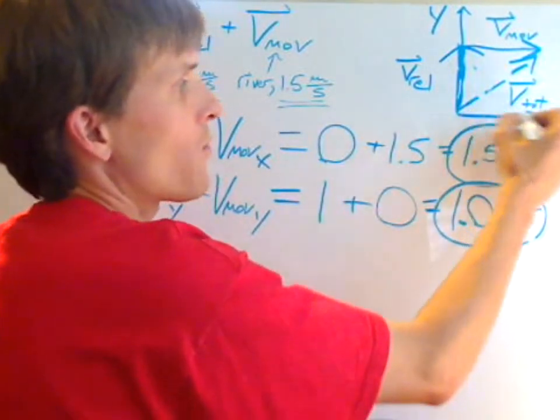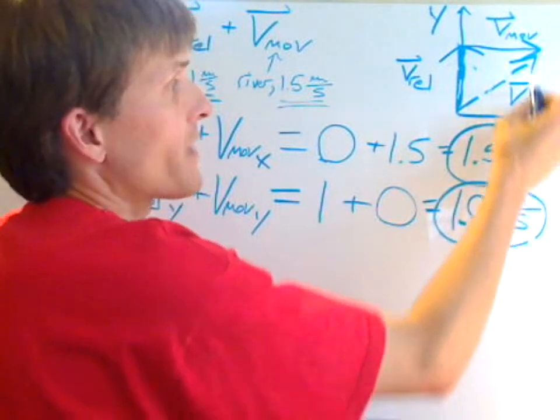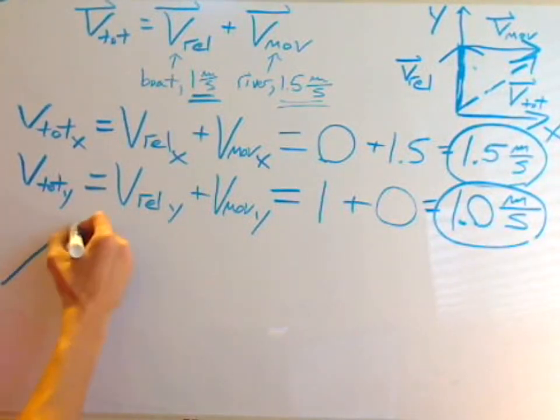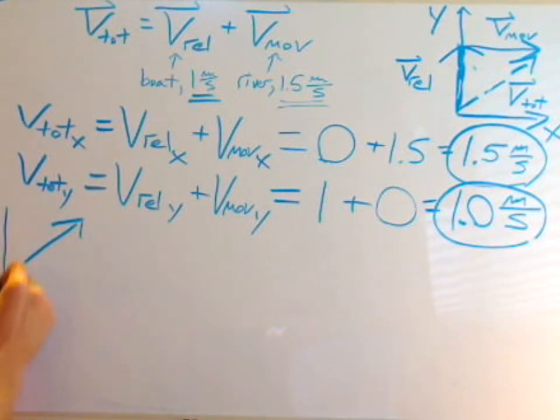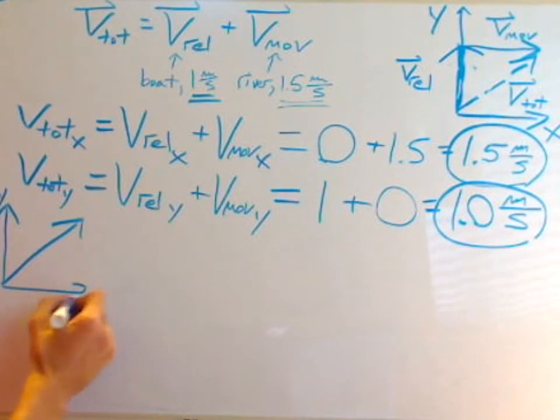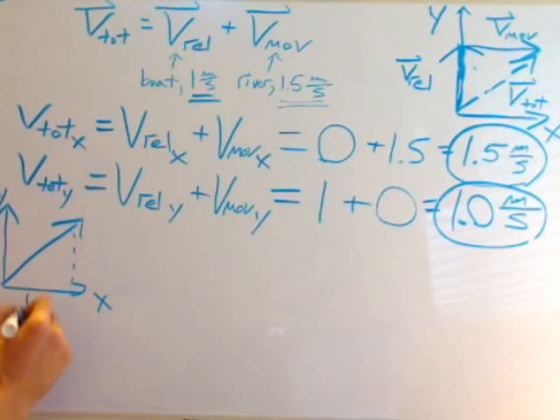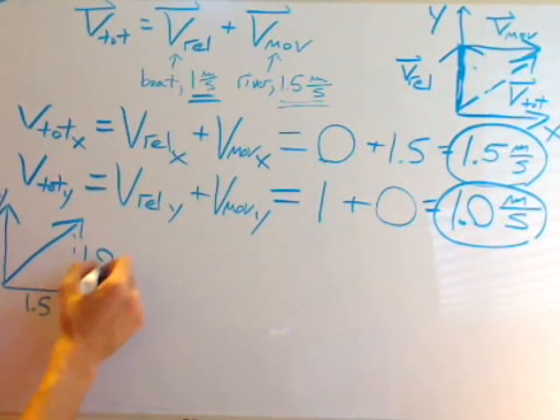This vector would be 1.5, this would be 1. So here's our total velocity, if this is our y-axis and here's our x-axis. This is 1.5 meters per second, this is 1 meter per second.